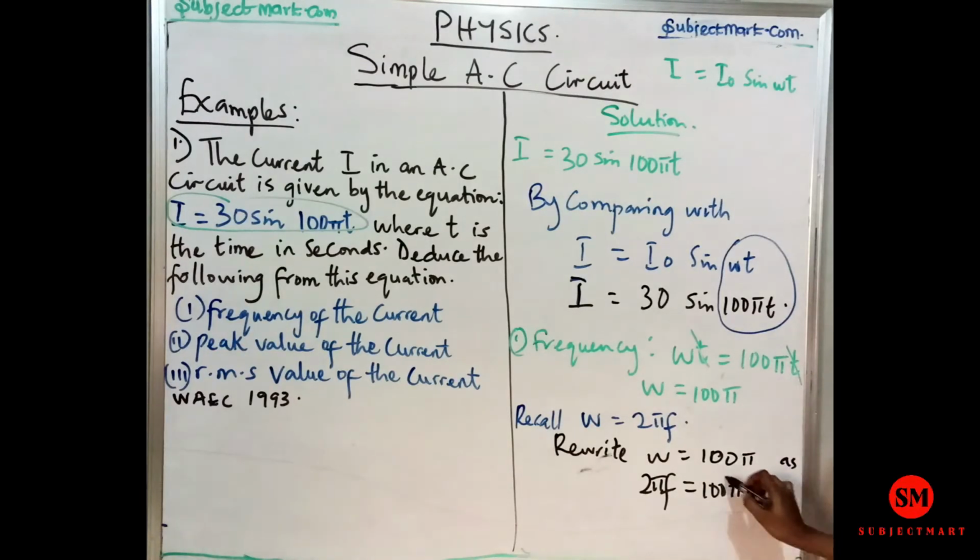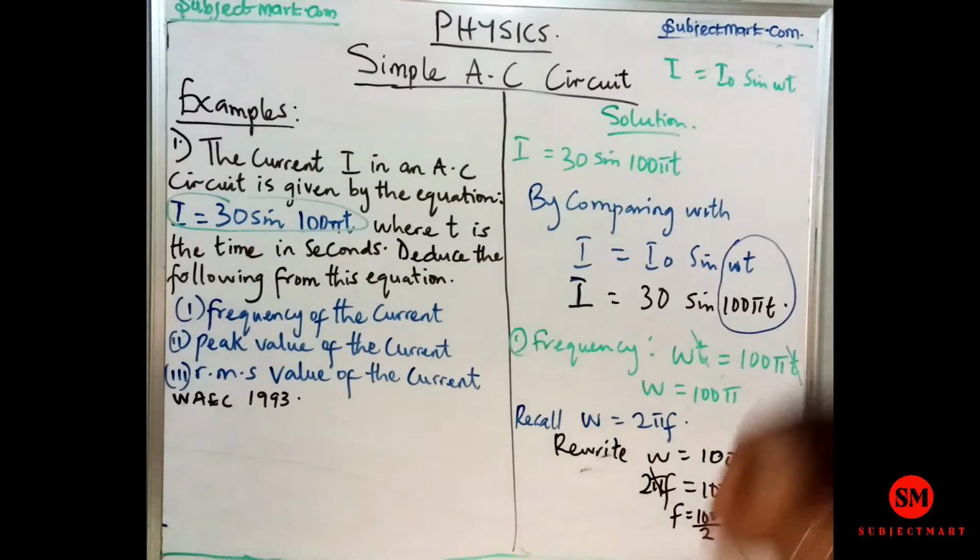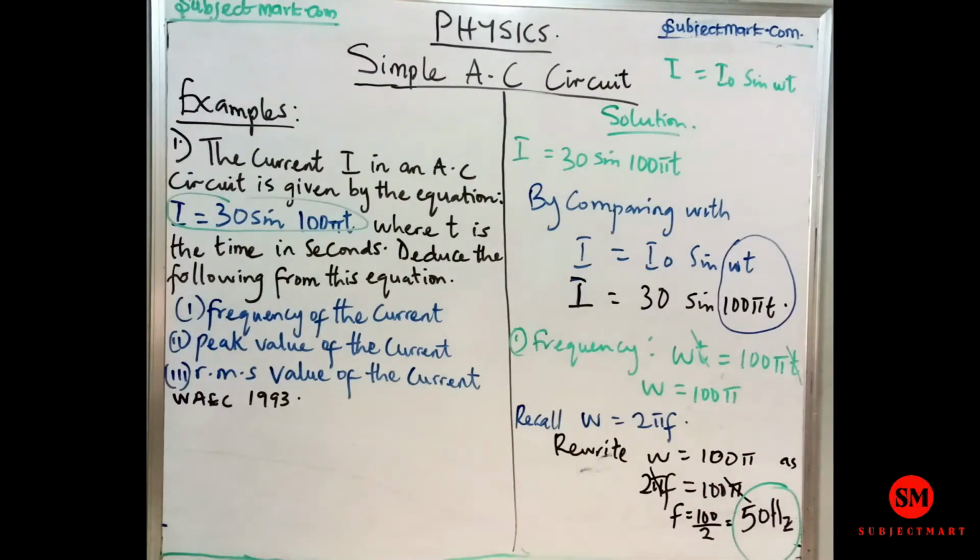So pi cancels pi, and then f equals 100 over 2. And that gives me 50 Hertz. Frequency is measured in Hertz. So my first answer, the frequency of the current is 50 Hertz. I want to believe that is very explanatory.